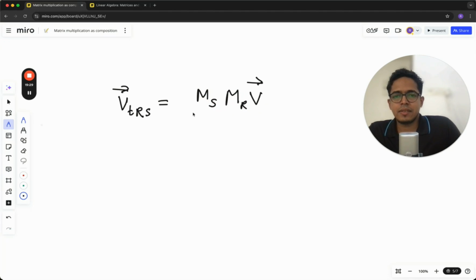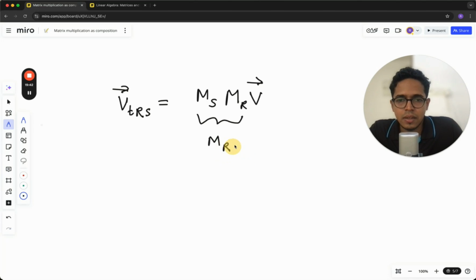So is this valid? If that is the case, can we denote this by one single matrix, let's say MSR? S for shear, R for rotation, so MRS, because we are reading this from right to left. If we are multiplying a vector with a matrix and then that whole thing with another matrix, we first do the matrix multiplication of this matrix with this vector, and then the result is being multiplied by this.